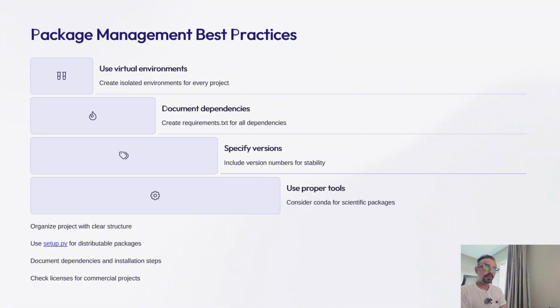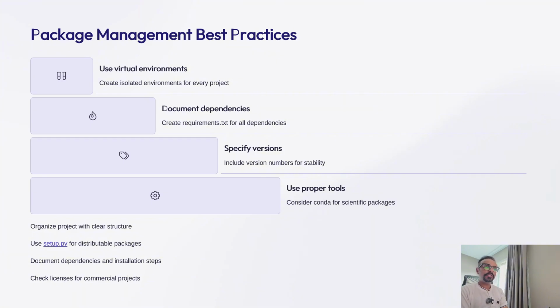And for scientific computing, Conda is often preferred over pip as it handles binary dependencies better compared to pip. And organize your project with a clear directory structure as I showed you. And if you're creating a package for distribution, use setup.py to define installation requirements so that people can go through it accordingly.